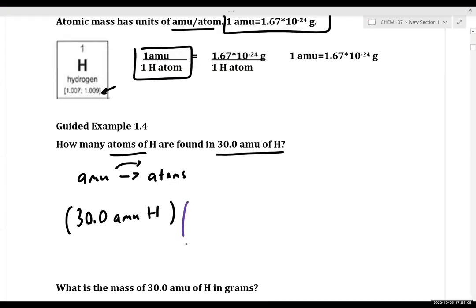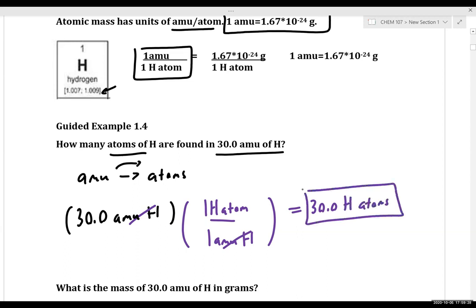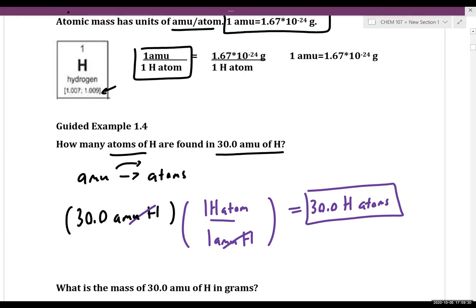So we use the conversion factor of our atomic mass. So we have 1 hydrogen atom per 1 AMU of hydrogen. AMUs cancel, and we're left with 30.0 hydrogen atoms. Does this make sense to everyone?